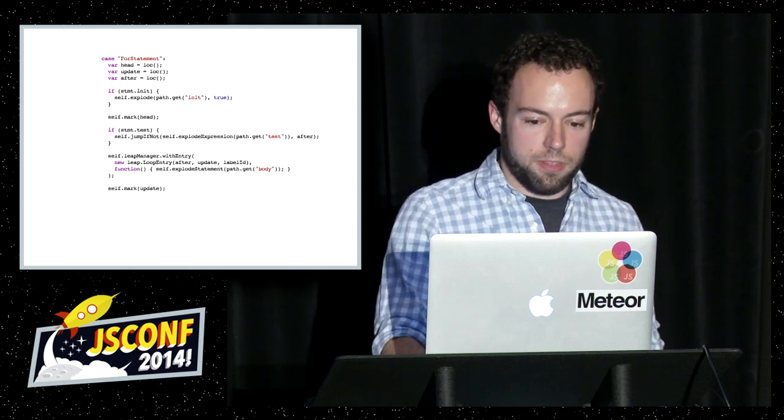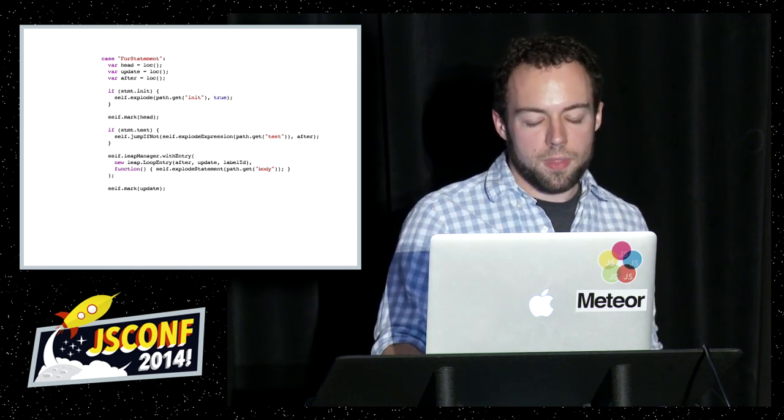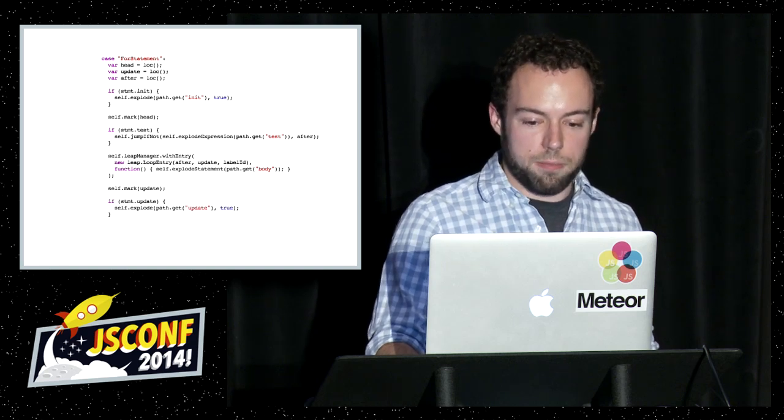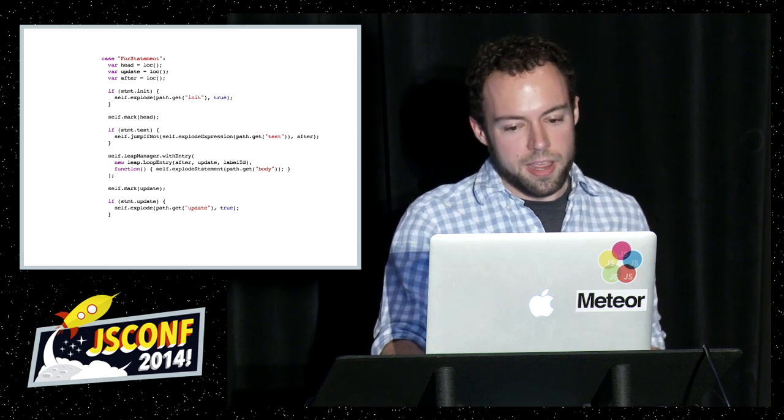After the body, we emit the code for the update part of the for statement, and we need to mark that so we can jump to it. If there is an update part, I might have been able to avoid marking it if there wasn't, but I did.